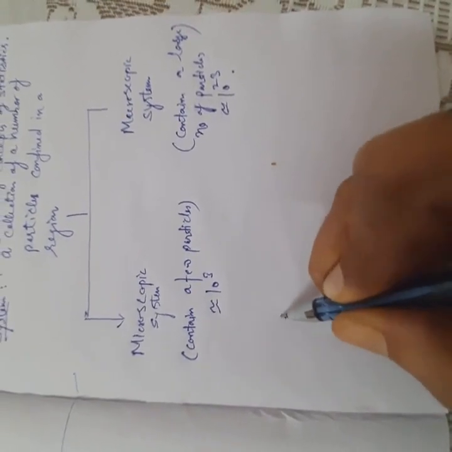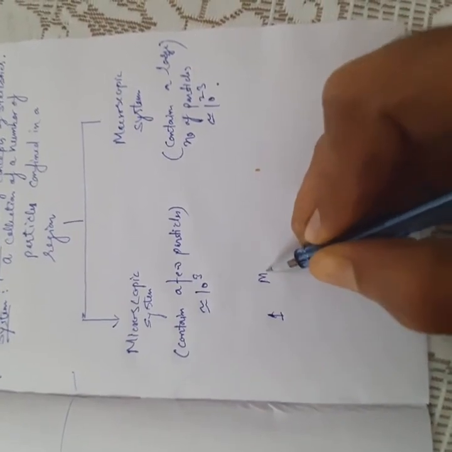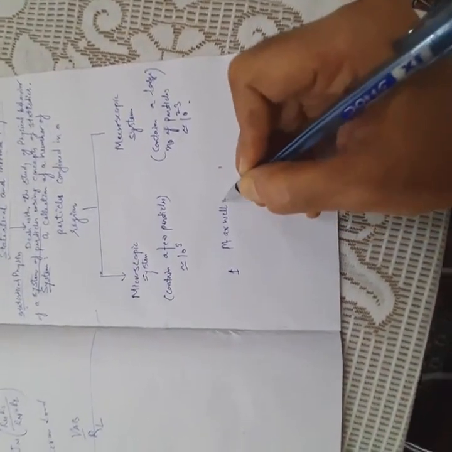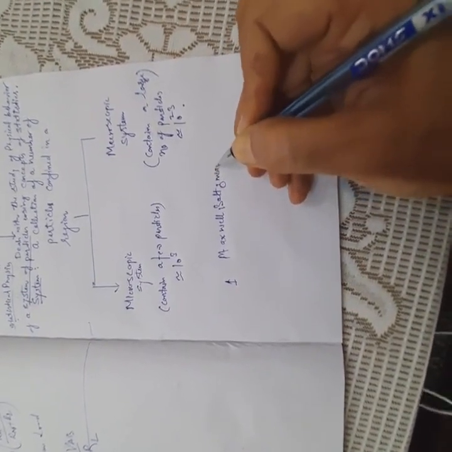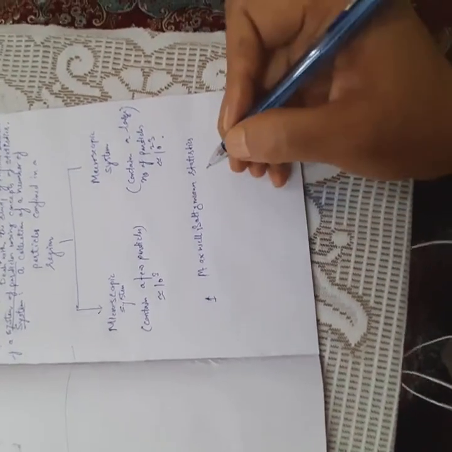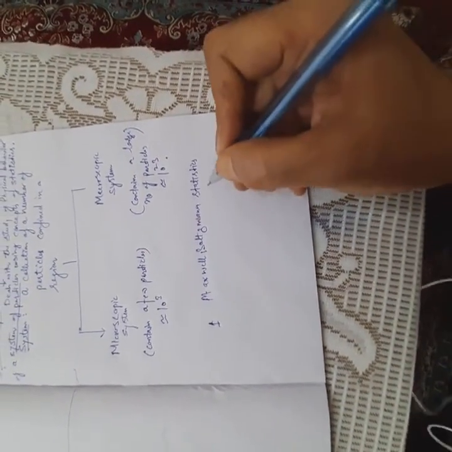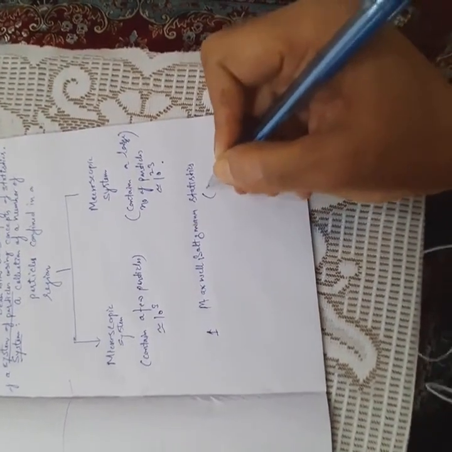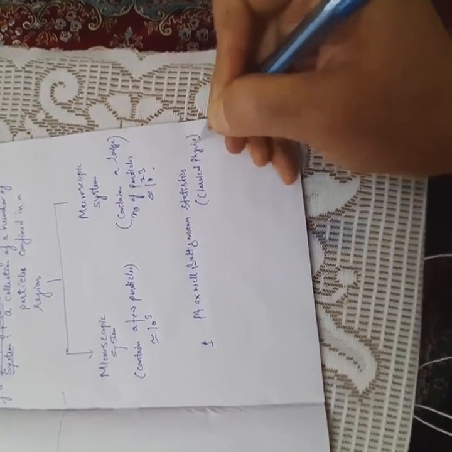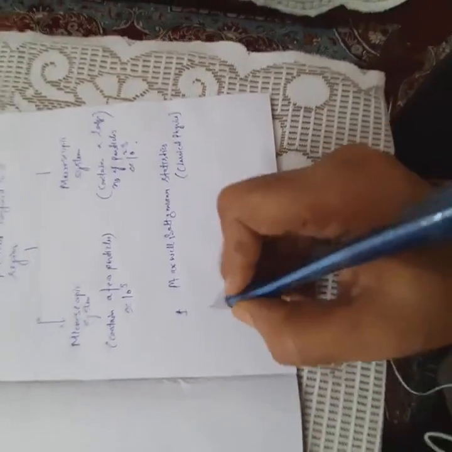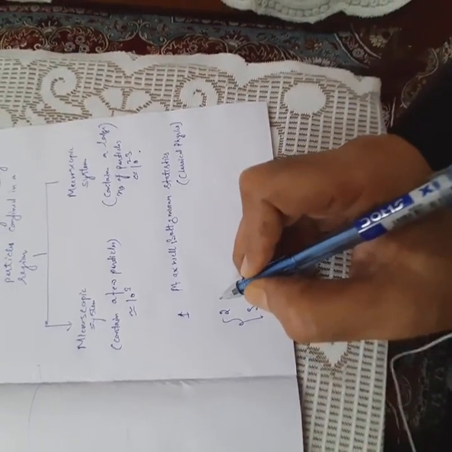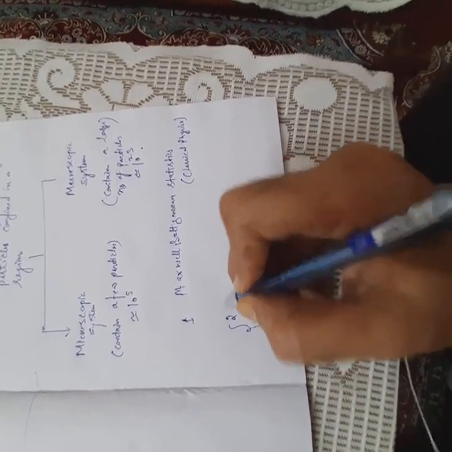The first one is Maxwell-Boltzmann statistics. This is based upon the concepts of classical physics, and the second and third actually make use of quantum theory.